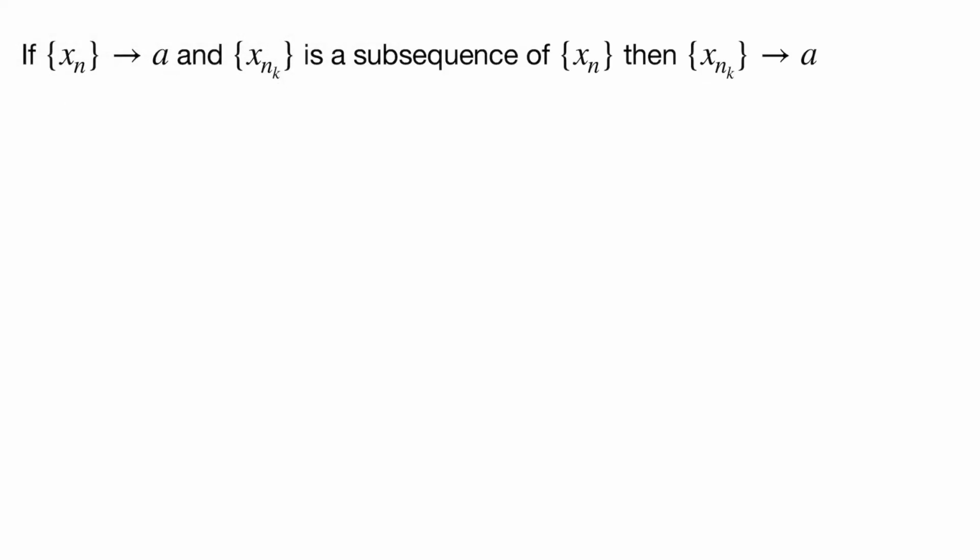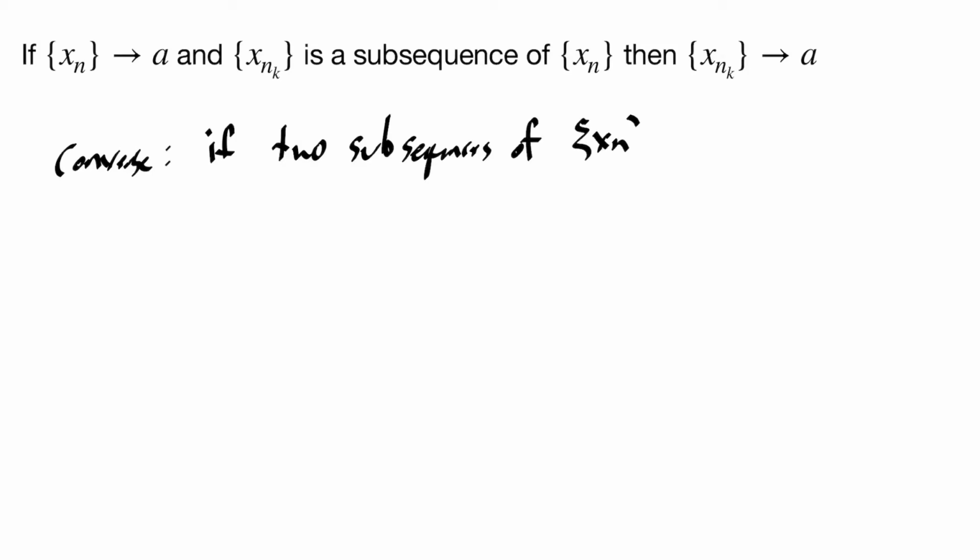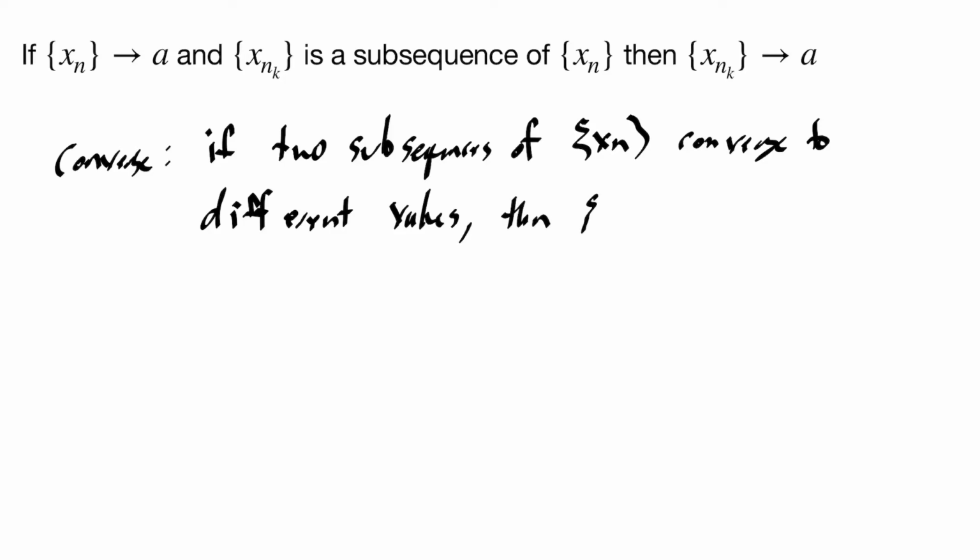So let's really quickly notice that there's a converse to this. Converse, we might say this: if two subsequences of x_n converge to different values, then x_n does not converge.